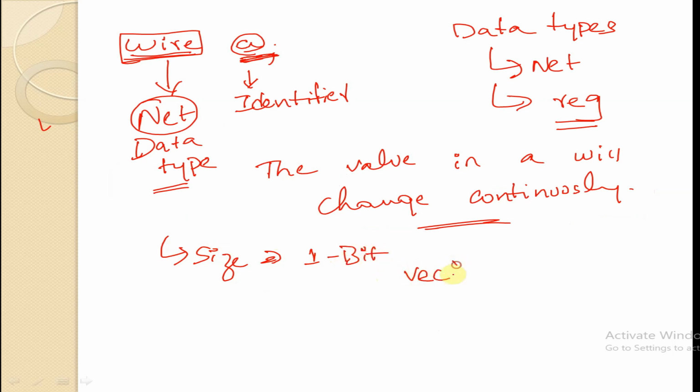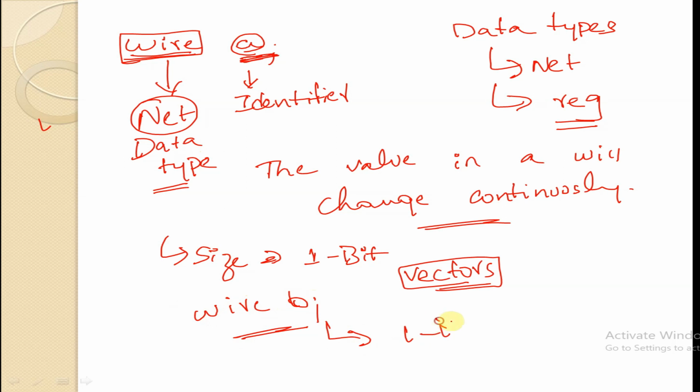We will discuss these vectors in upcoming slides. For now, if it is declared simply as wire B, then what is the size of B? It is equal to 1 bit. Since it is not declared as a vector, the default size of the net is 1 bit.